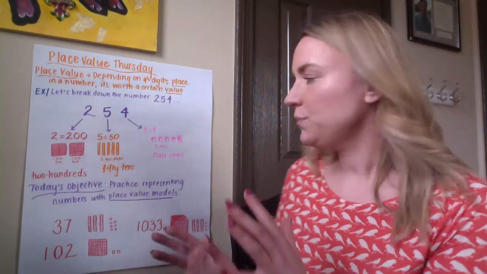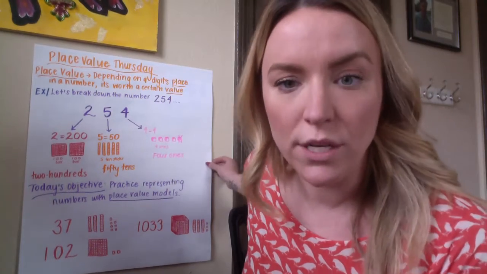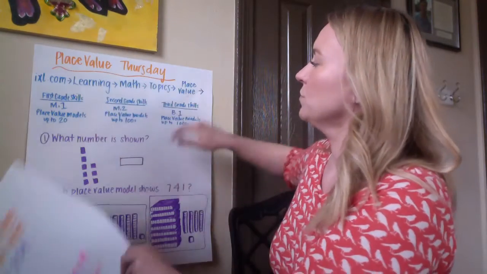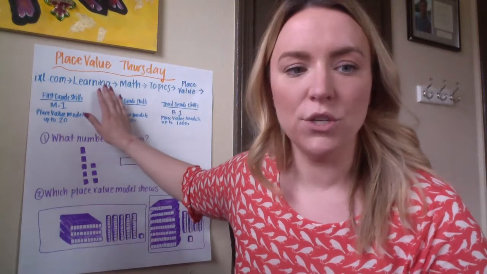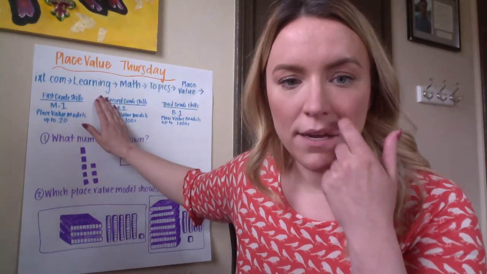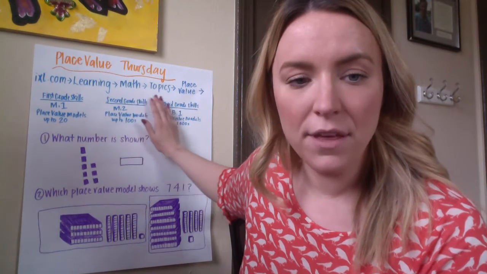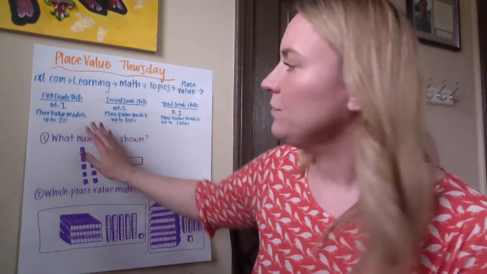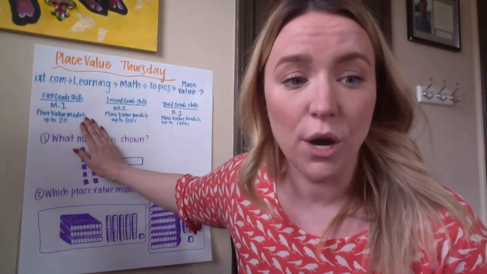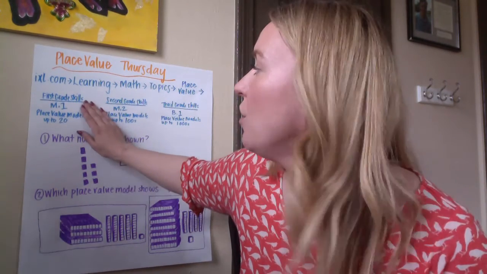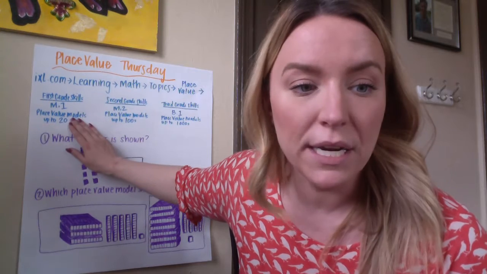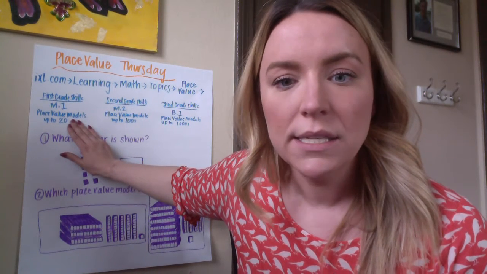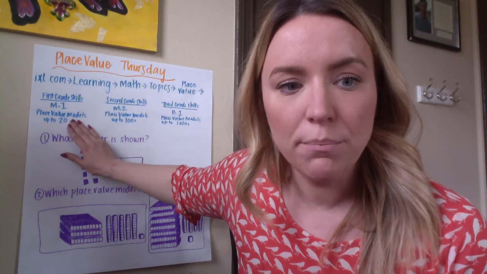Okay? So moving on into what you're actually going to be doing today on IXL. You guys are going to go to IXL.com, into learning, into math, into topics, and into place value. Once you've gotten into place value, you're going to go into your grade level skills. So first grade skills in period 1, place value models up to 20. I want CS and MW to complete this.